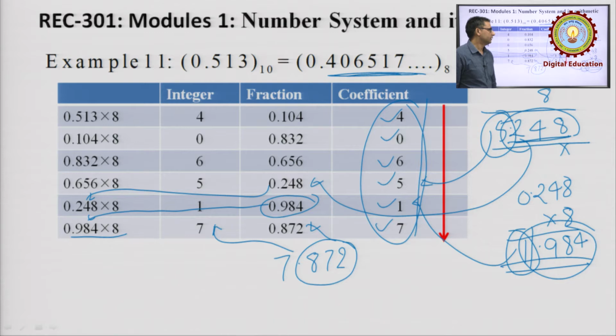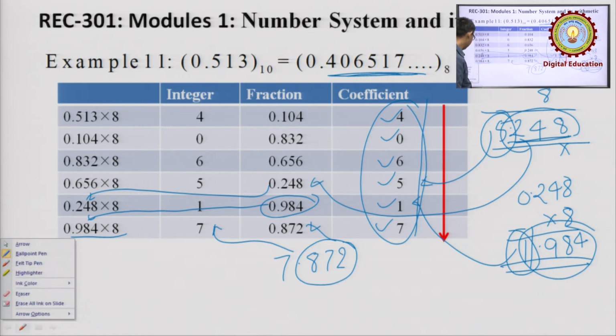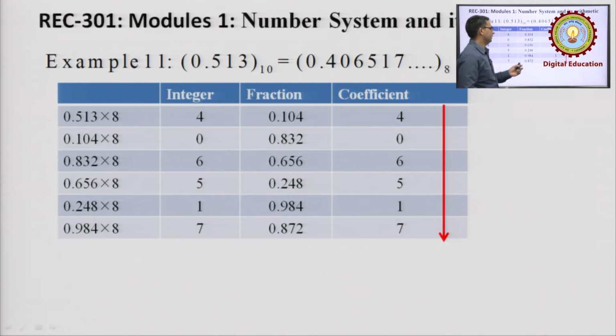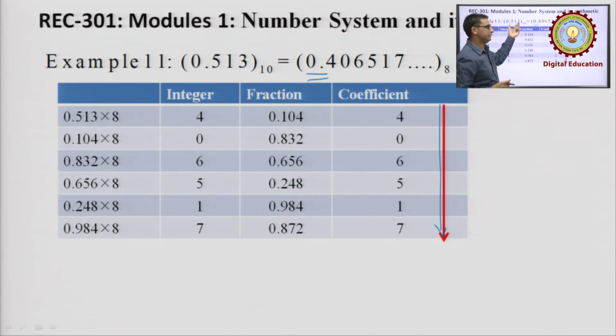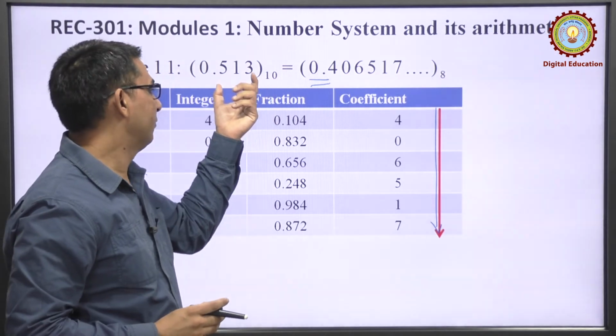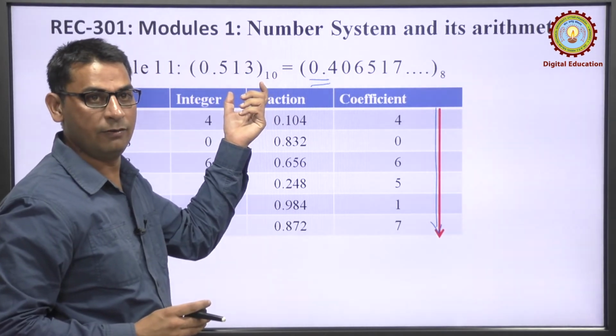To get the octal number, we have to arrange these coefficients in a systematic manner, following the arrow. All these coefficients will be arranged after the decimal point, because we are discussing a fractional number system.